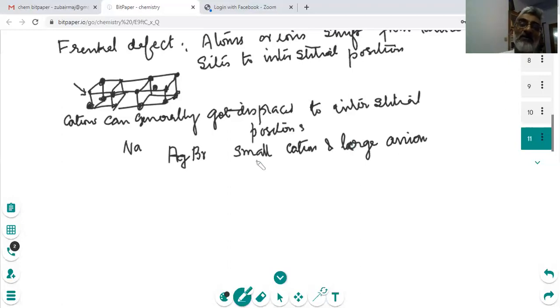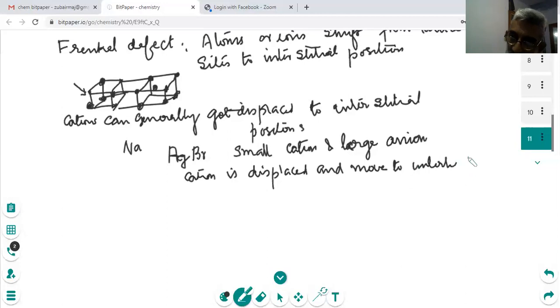When you have a large anion and a small cation, the cation can be displaced and move to an interstitial position. So this is what is a Frenkel defect.